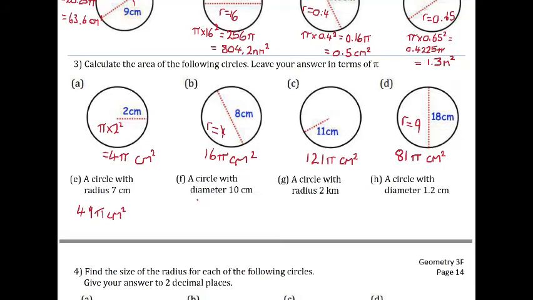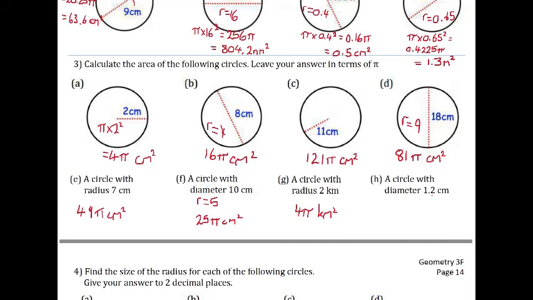A diameter of 10, which means the radius would be 5 on the next one. So 5 squared would be 25. So the answer is 25 pi centimetres squared. A radius of 2 kilometres. So 2 squared would be 4. So the answer to this is 4 pi kilometres squared.